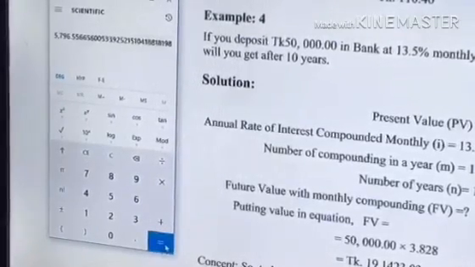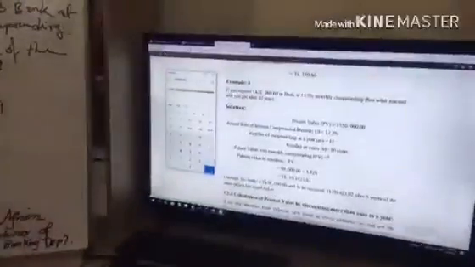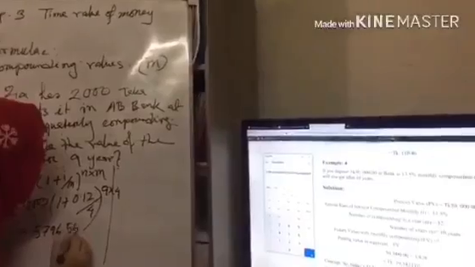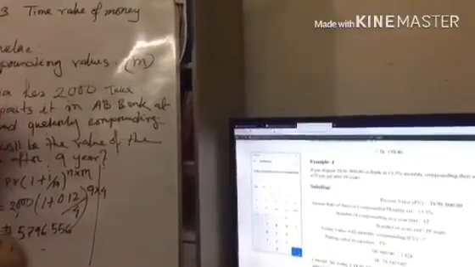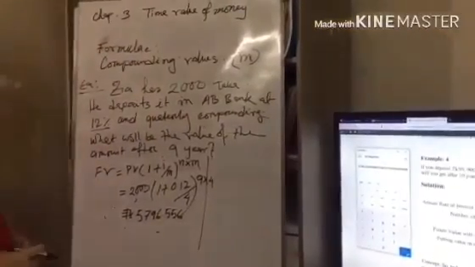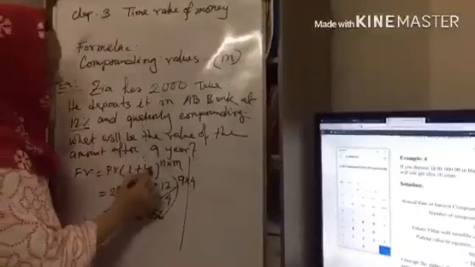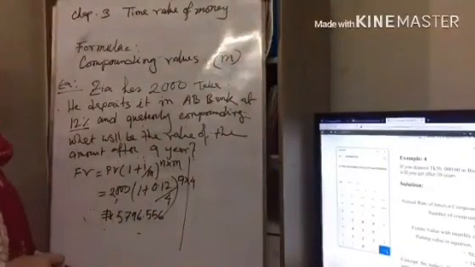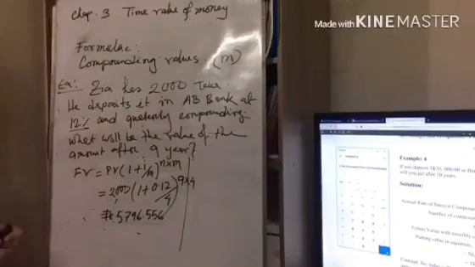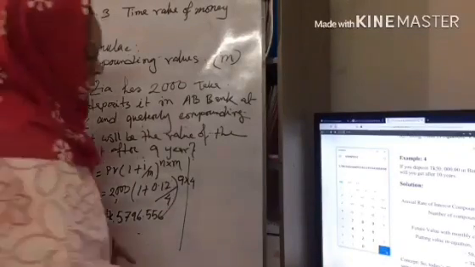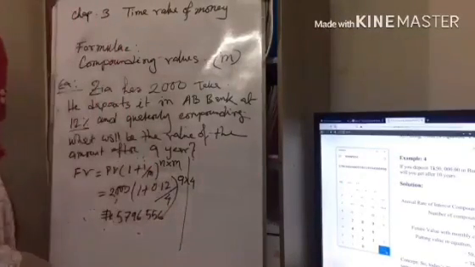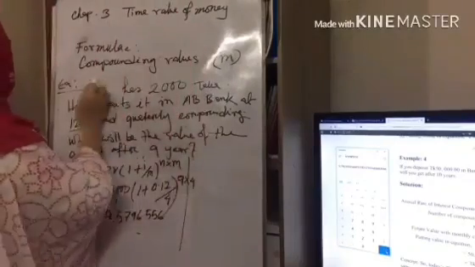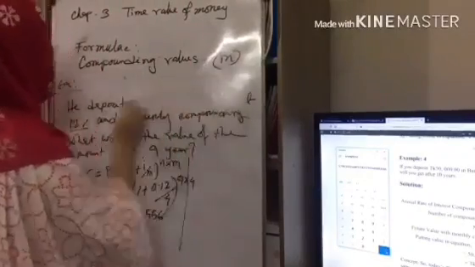The calculation is here. This is the result: 5796.556 taka. Here the new thing is M, the value of M. Again we can use compounding for present value also. Another example.